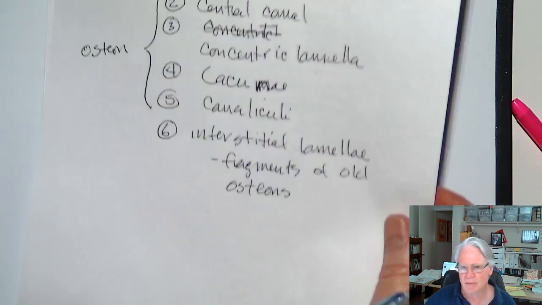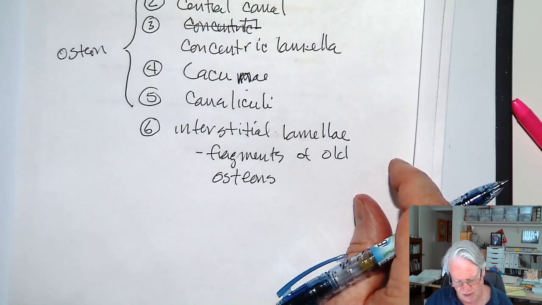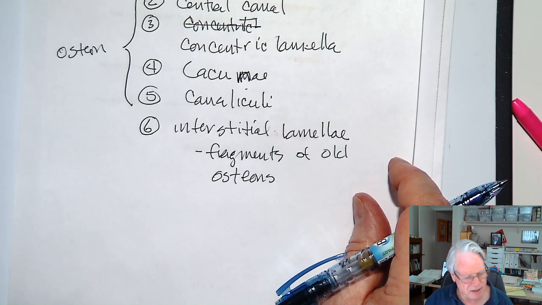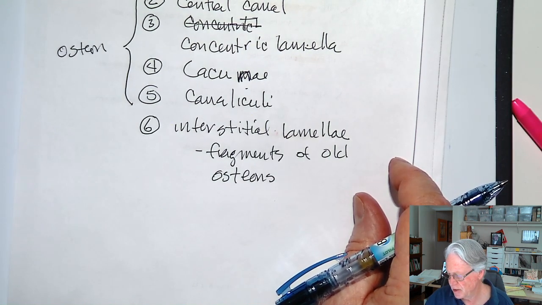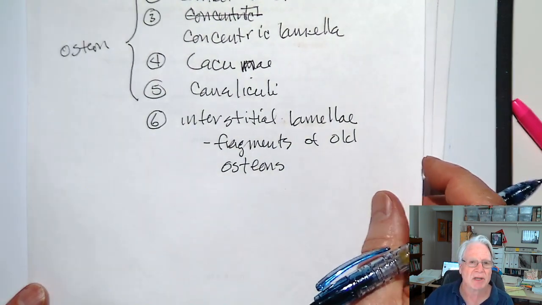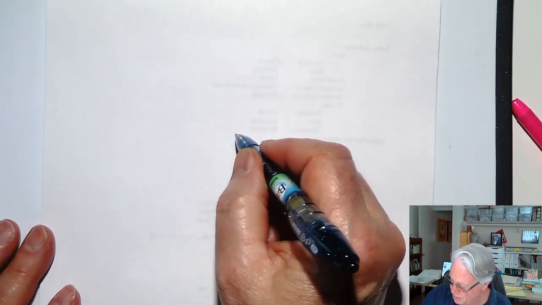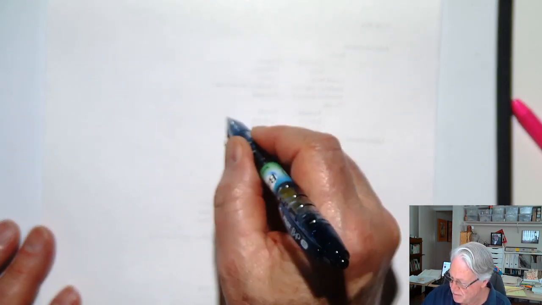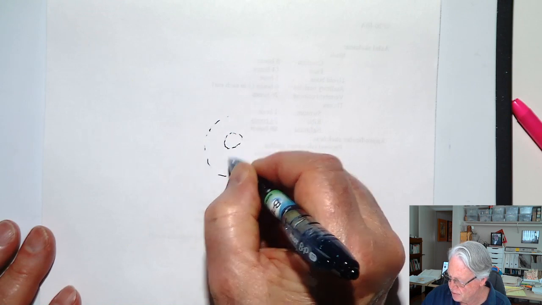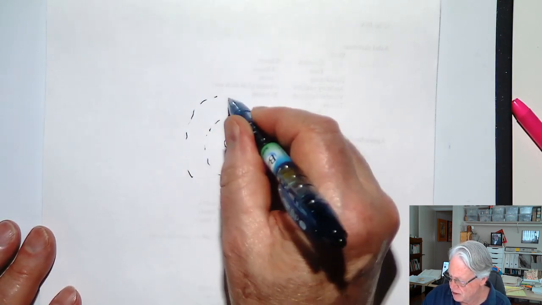All right, so we've covered all of those structures right there. Let's go ahead and draw a very quick picture to put into our notes and just identify these structures. So really quite simple. You identify the central canal and then a series of concentric lamellae around it, such as this.